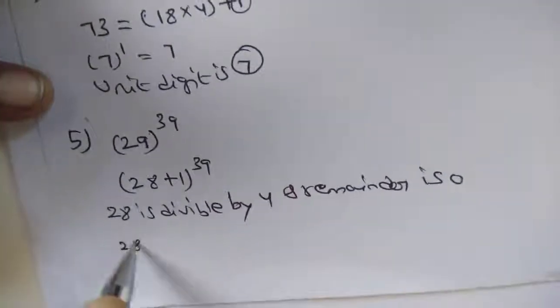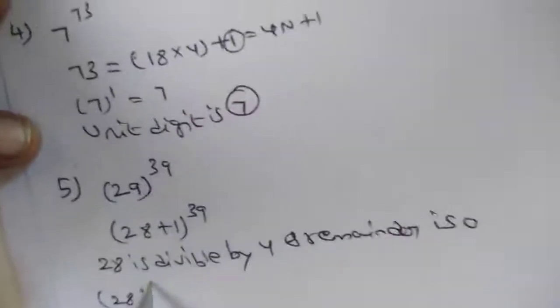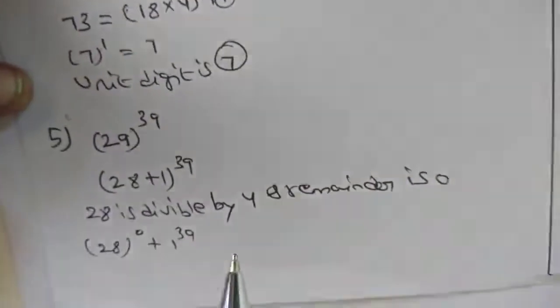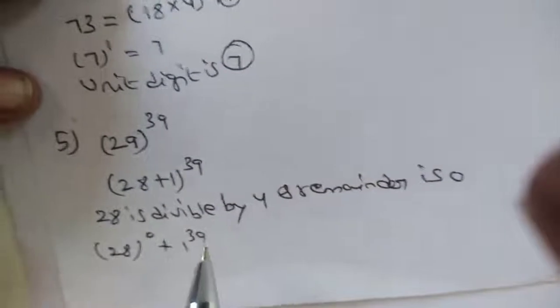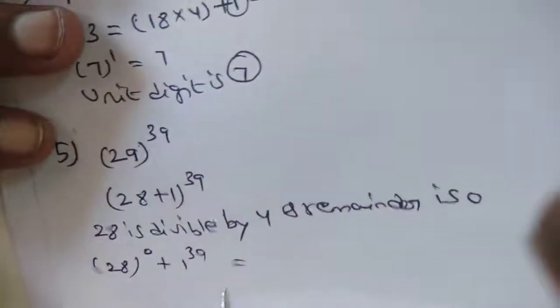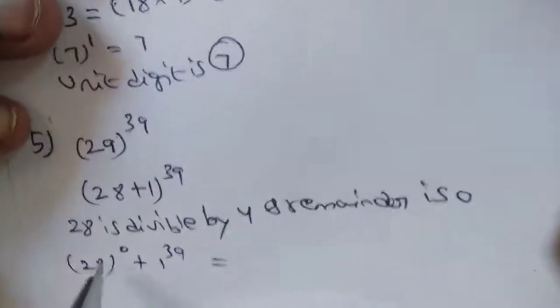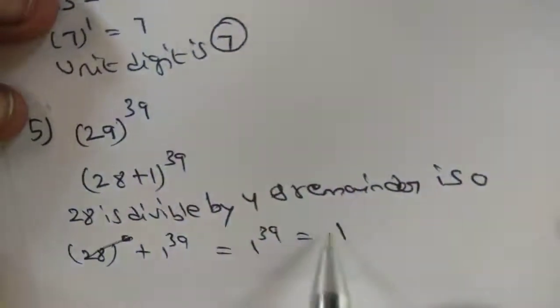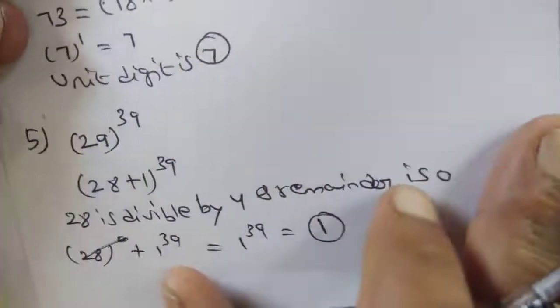So 28 power 0 plus 1 power 39. So it will be only this 1 power 39, which is 1. So last digit is 1.